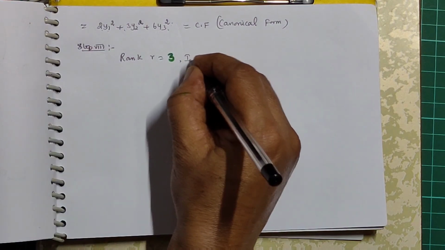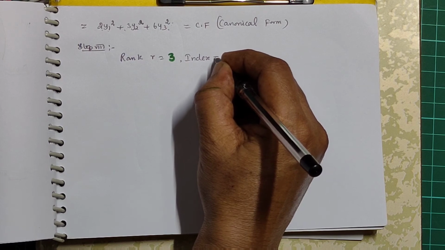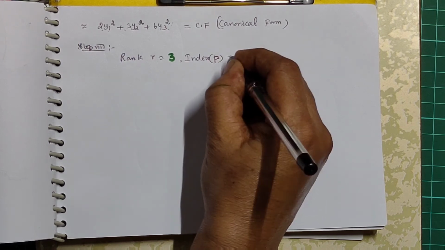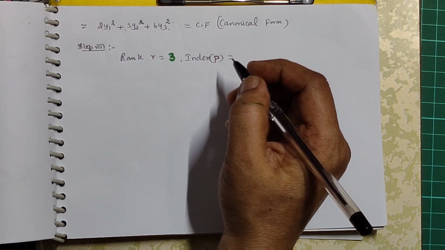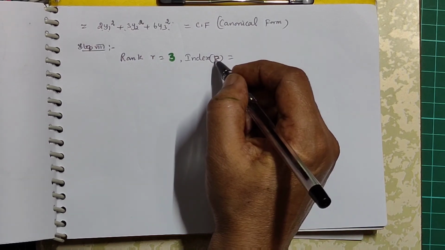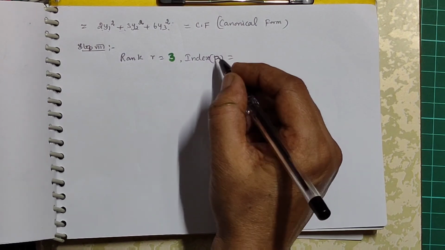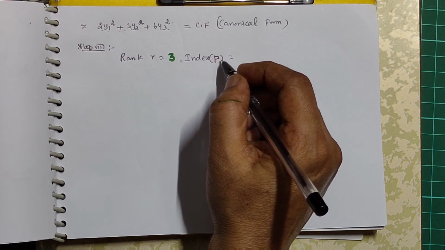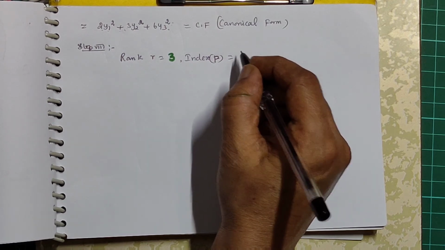Then we have the index. Index, normally denoted by p, is nothing but the number of positive terms or positive eigenvalues, or positive terms in the canonical form. Again we have it as 3.